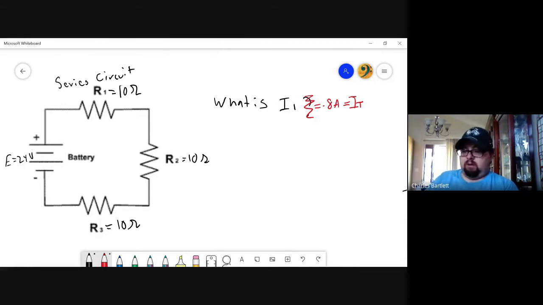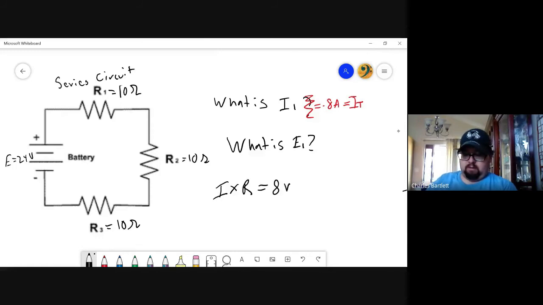Now that we have IT, which is 0.8 amps, we can be asked questions like, what is E1? Do we have enough information to do that? Yes, we do, because we have amps and we have resistance. And what is the equation? Amps times resistance. So 10 times 0.8 equals 8 volts.